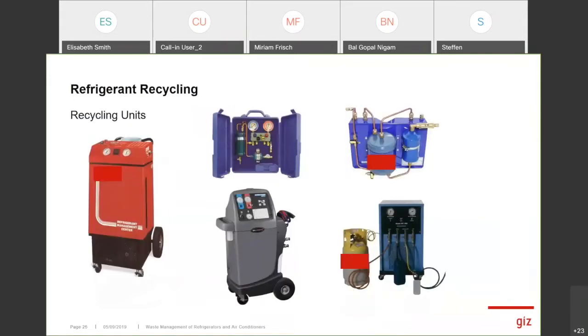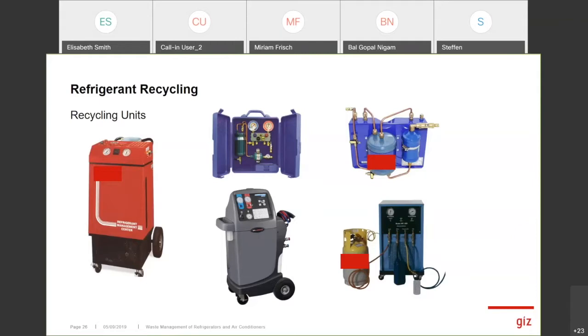So the next slide will show some recycling equipment for field use and for workshop use also. On the first row above, there is a small recycling unit for service technicians in the field. They can remove and capture oil, humidity, and particulate matter.